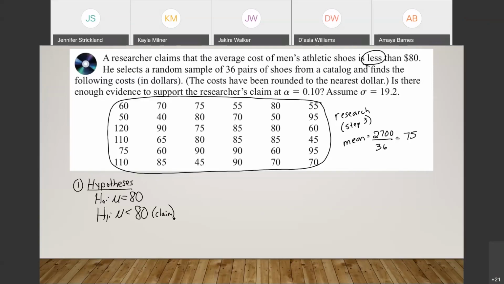Everybody okay with that part at home? What does your picture look like? Shaded how? To the left. All right, can you find your critical value for me?